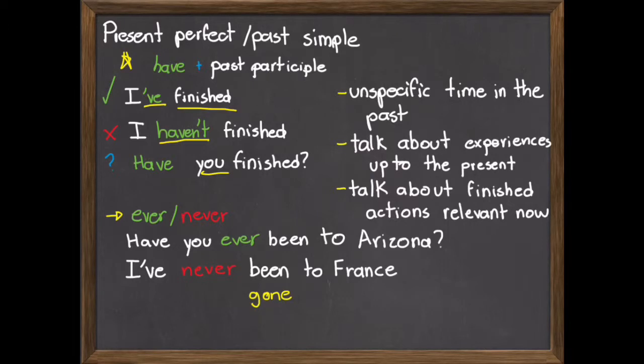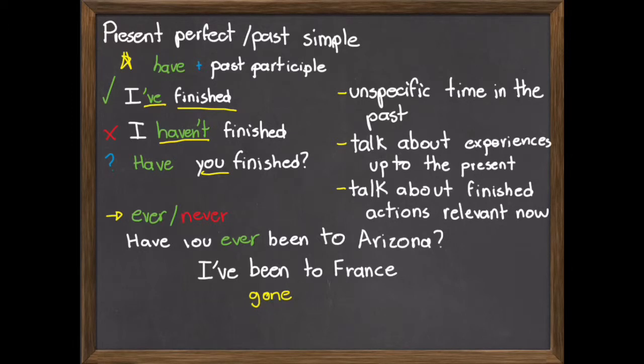Now, let's take off the never part of the sentence. If we take it off, we're left with I've been to France. It's a positive, affirmative sentence. But notice that it's different from I've gone to France, which means that we're still in France.